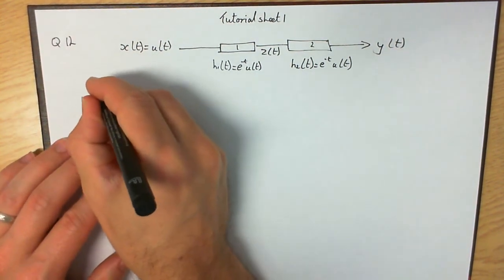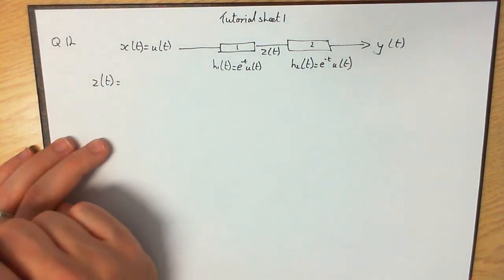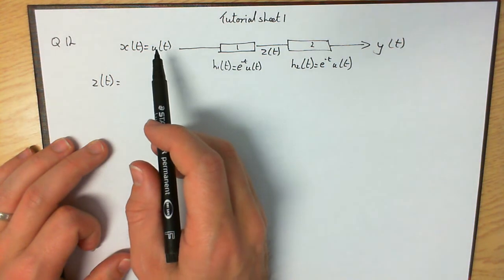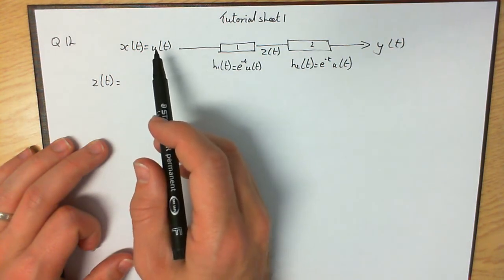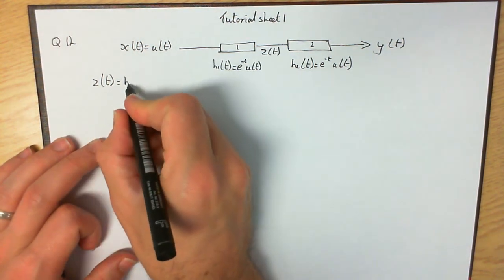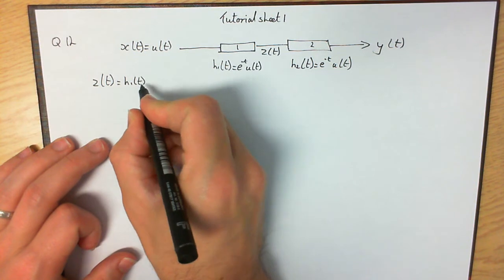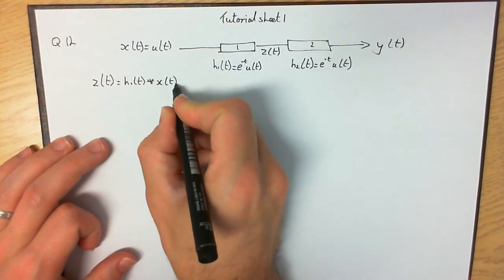The manipulation of the convolution is actually easier if we flip the input signal rather than the impulse response. So I'm going to do the convolution of h1 of t with x of t.